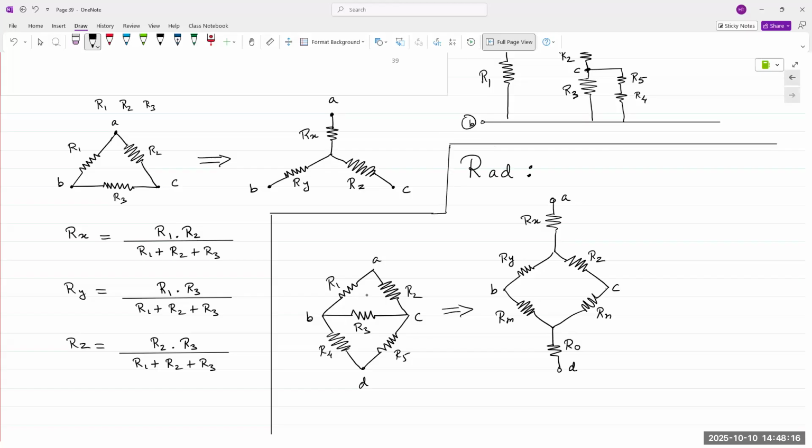Okay, delta to Y transform, and then we can easily reduce the circuit between A and D. What difference do you notice between the two circuits? Other than, of course, the schematic looks different.